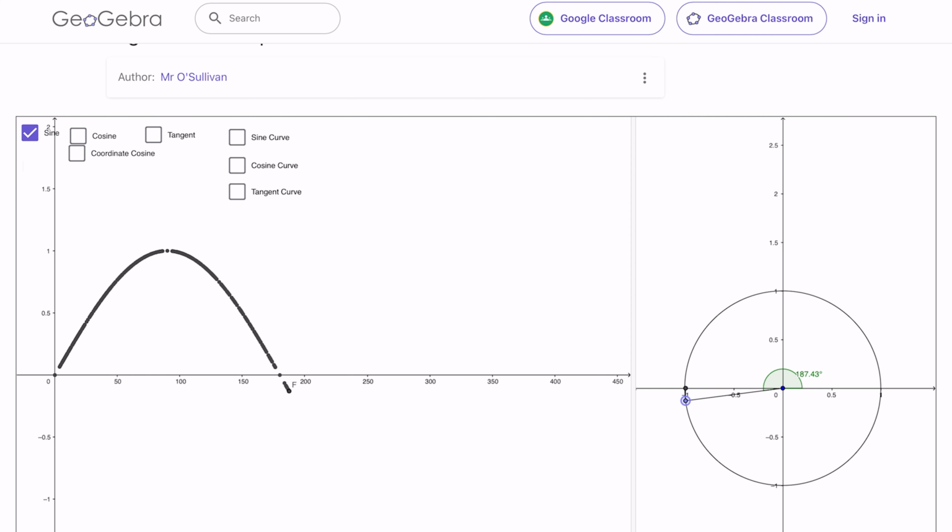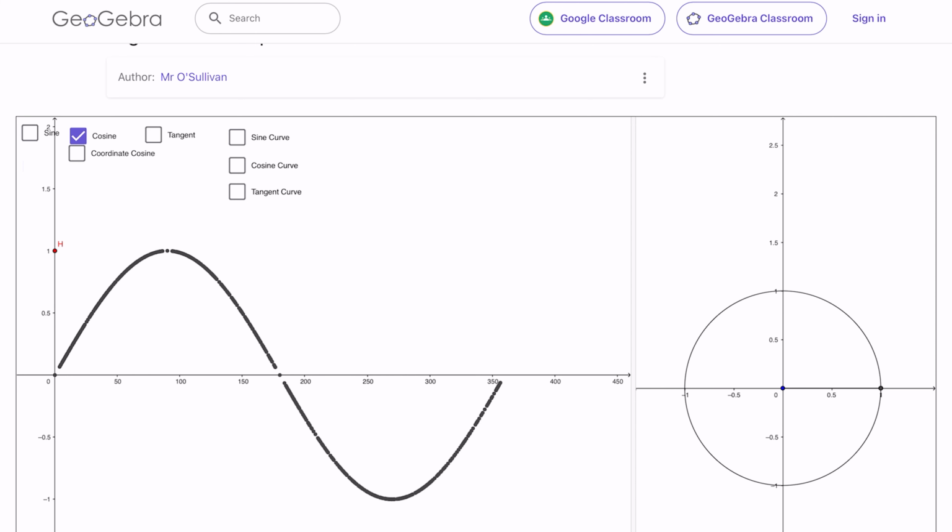When I make the angle bigger than 180, which is reflex, you can see the y value is negative, and it's getting more and more negative until it gets to 270 degrees, where it's equal to -1. After 270 degrees, the y value is getting less and less negative until it gets back to 0 at 360 degrees. So that's the sine graph.